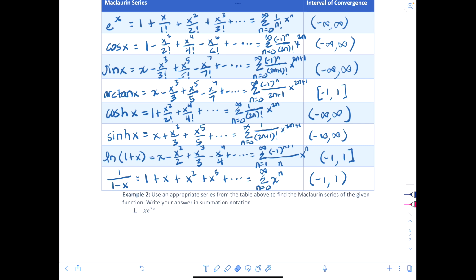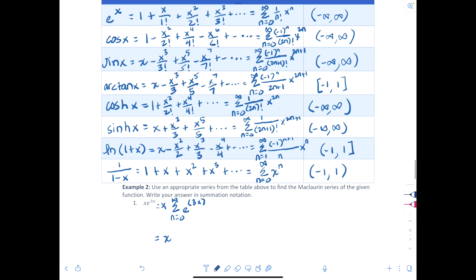x e to the 3x is going to equal x times the summation as n goes from 0 to infinity of e to the 3x. So that in turn will be x times, let's take a look.